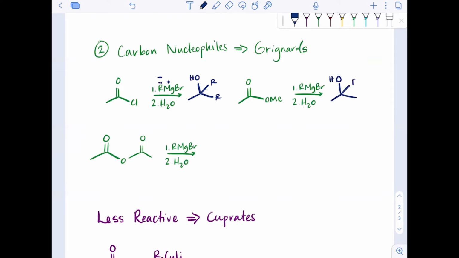Same with our esters, and same with our anhydrides. Notice here we have tertiary alcohols because the Grignard is so reactive, 2 equivalents of our Grignard will be added. Don't try to use 1 equivalent of that Grignard. You will get a mixture of products and it will be a mess. So you do have to assume excess here, and note that 2 R groups of the Grignard will get added onto your carbonyl compound to reduce it all the way down to the alcohol.